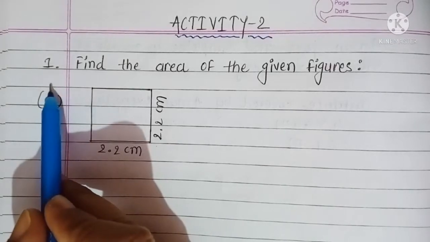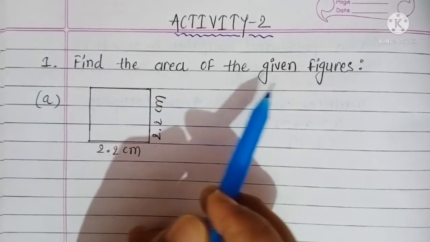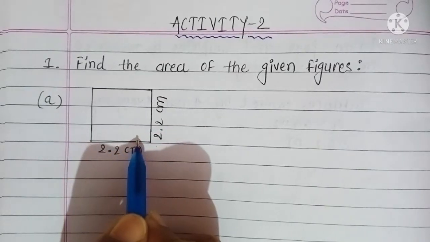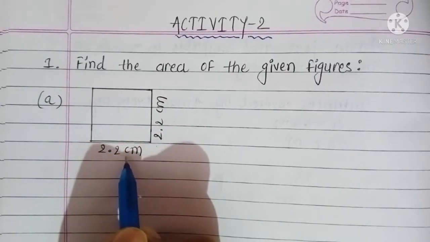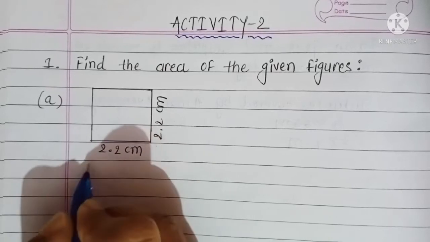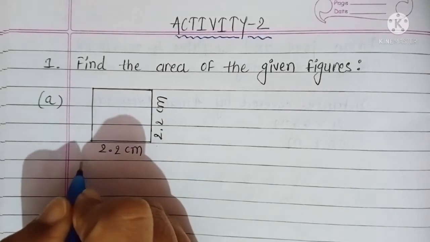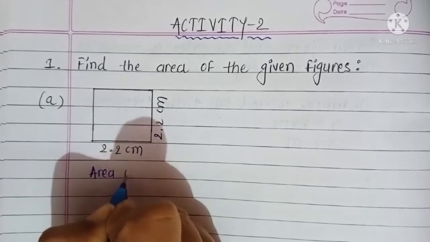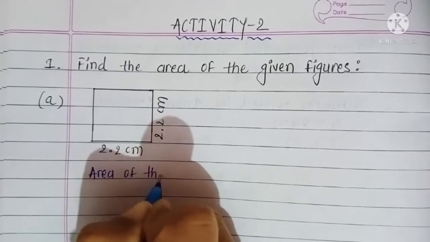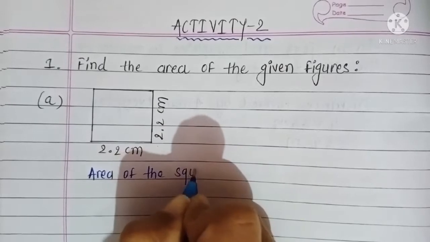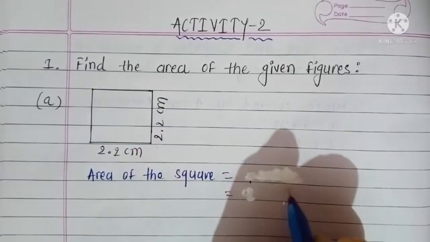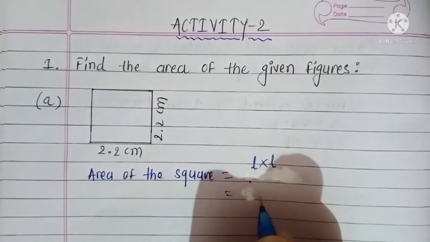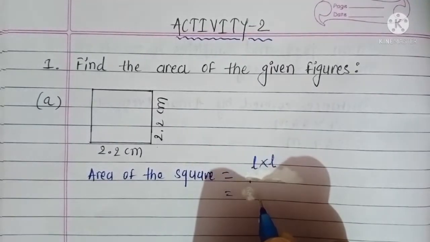Question number 1. Find the area of the given figures. A. This is the figure of square with length 2.2 cm. So, area of the square is equal to L multiplied by L. Here length is 2.2 cm.